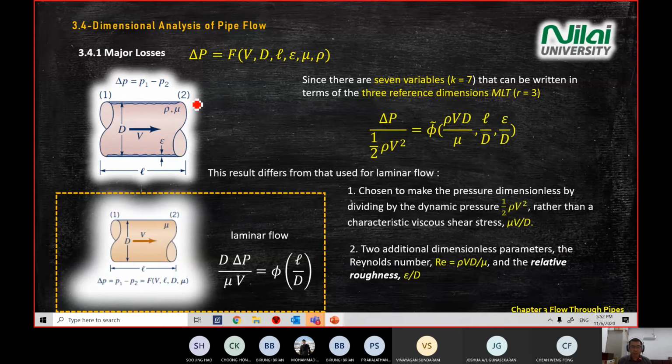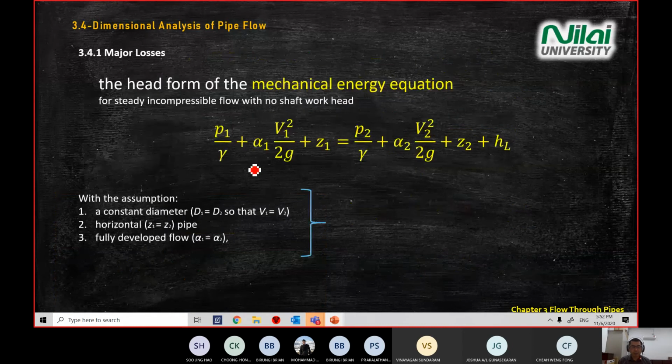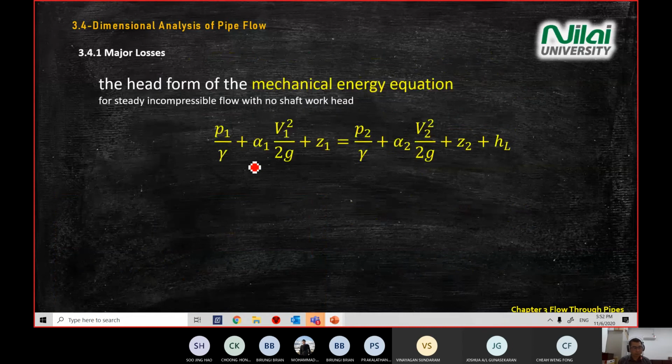You will just read through this slide. The loss of equation, I don't want to confuse you. And what else?